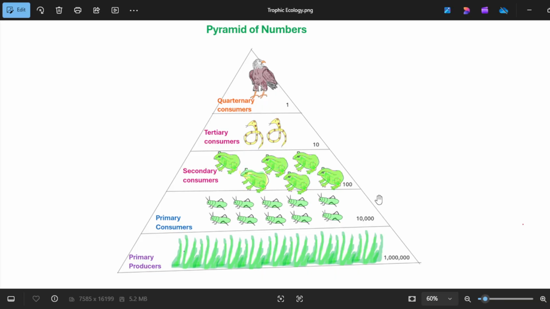Here the grasshoppers are reducing, the frogs are reducing. These pyramids are made to understand the population of the different organisms and how they are distributed in this ecosystem. This helps us understand that the topmost apex predator carnivores are fewer in number.